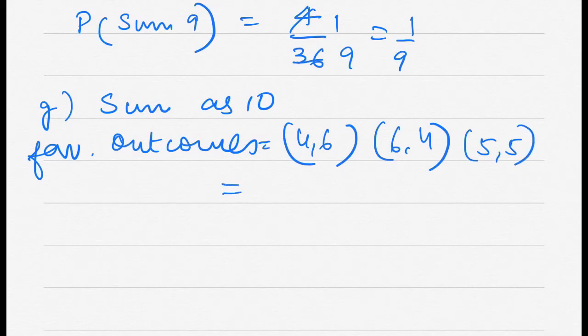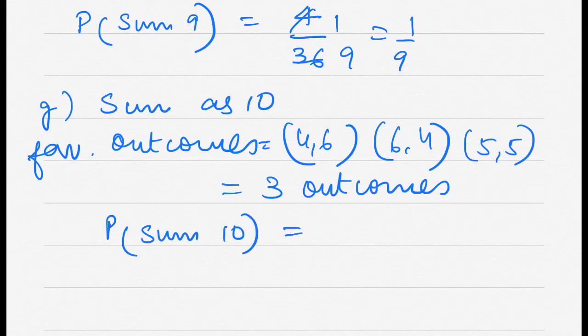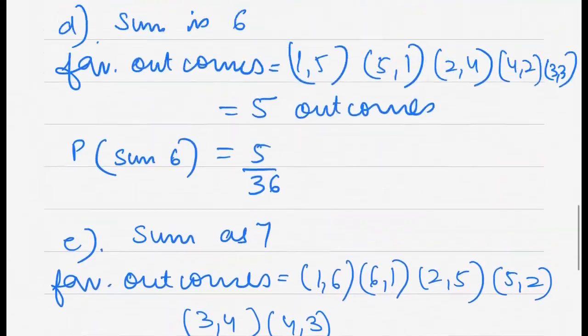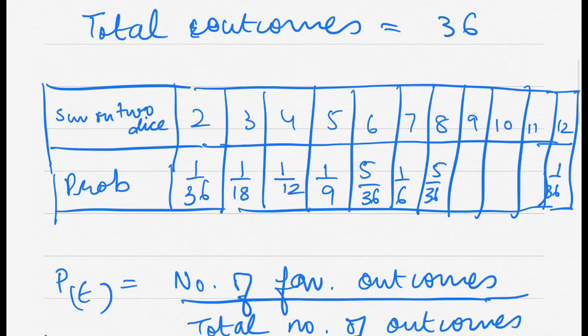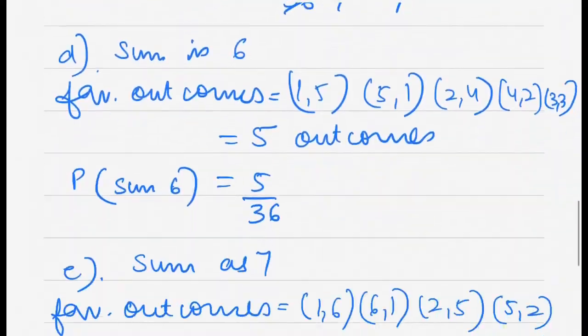So there are only 3 outcomes. So the probability of getting sum 10 will be equal to 3 by 36. So that is also equal to 1 by 12. Okay, let me fill it in now. Did I fill in for 9? No, for 9 it was 1 by 9. And for 10 it has come out to be 1 by 12.